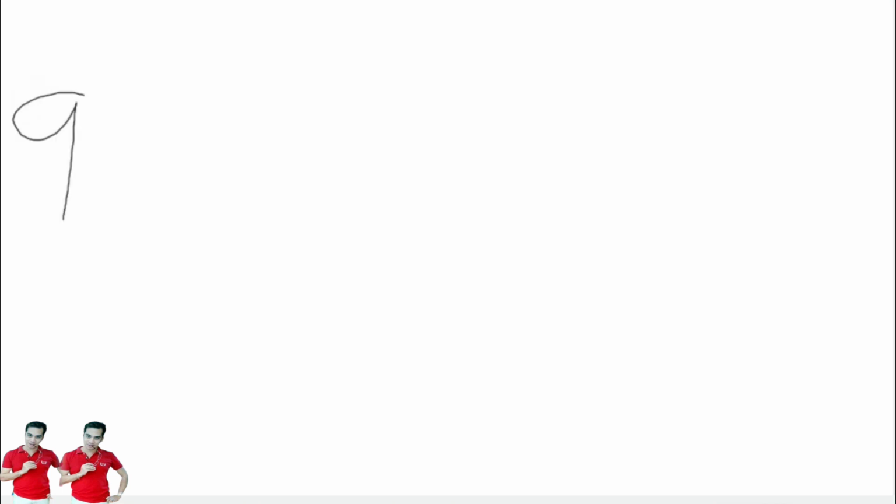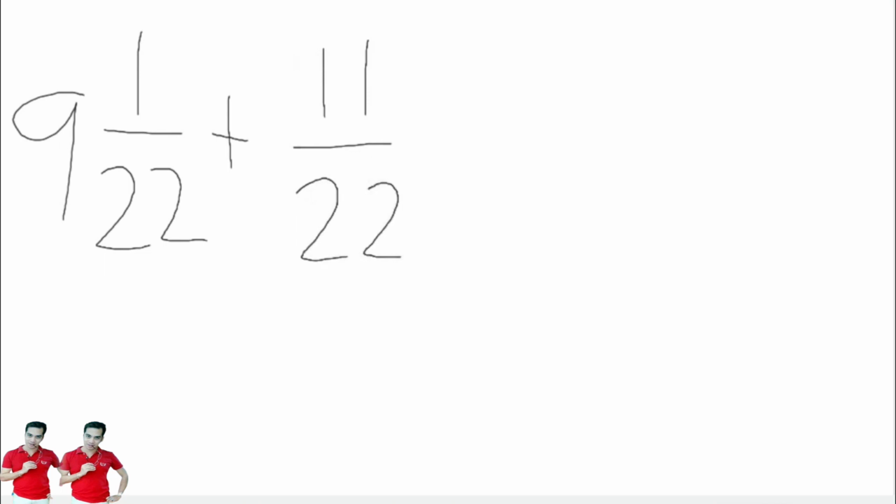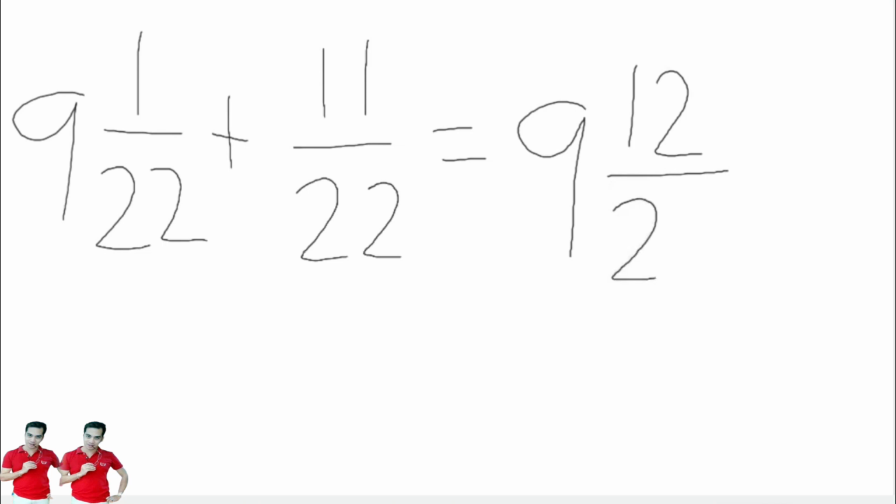Another example. 9 and 1 over 22 plus 11 over 22. Again, write the whole number. And then, add the numerators. 1 plus 11, the answer is 12. Then copy the denominator of 22. Now, 9 and 12/22 is the final answer. We can reduce to the lowest term, 12 over 22.